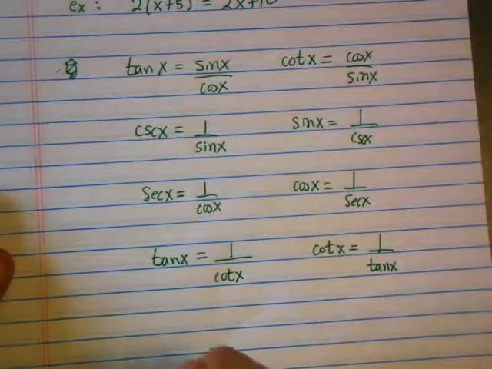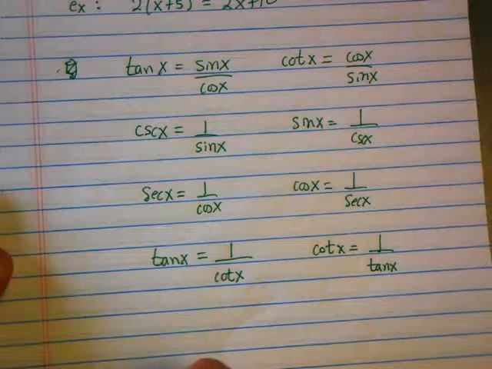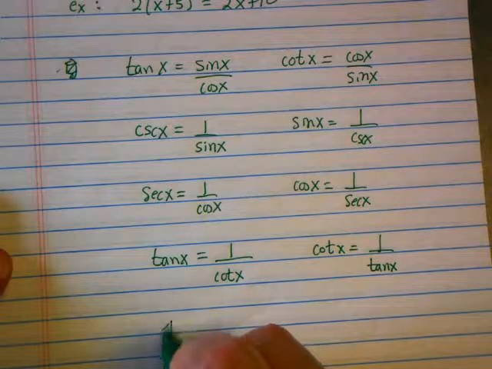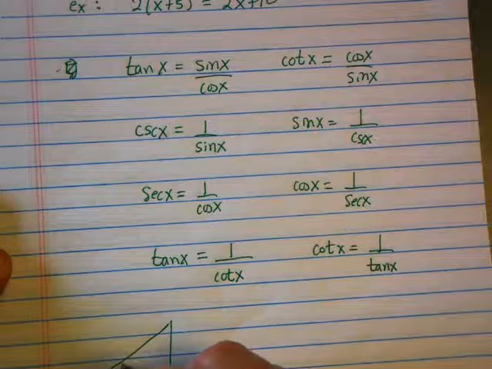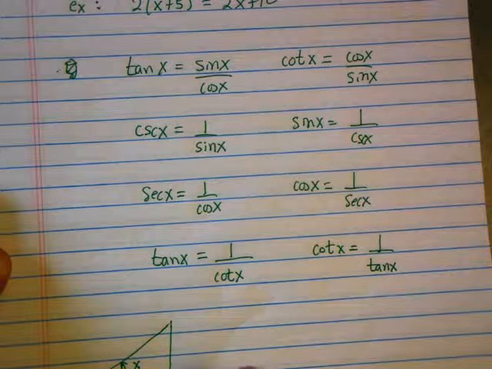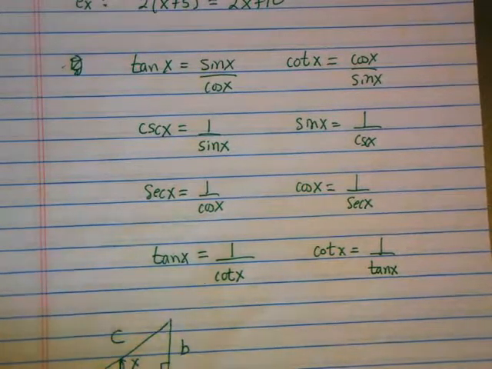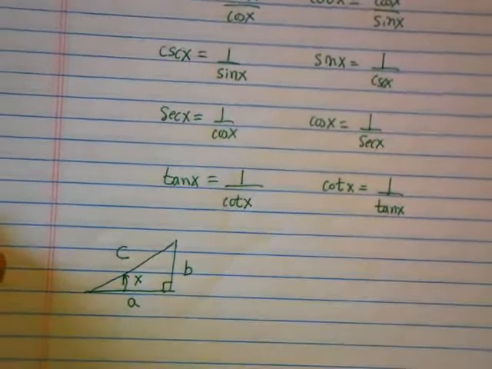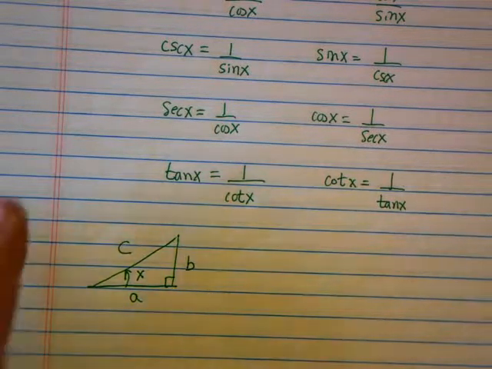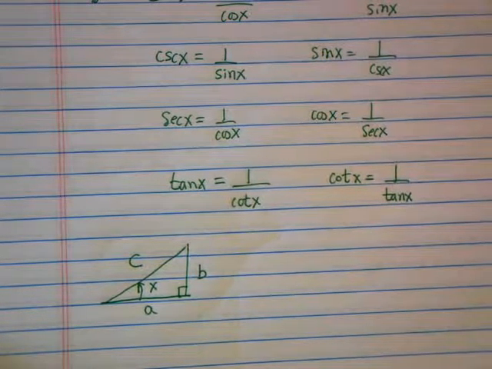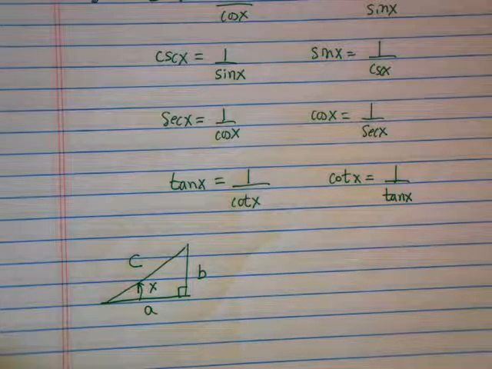All right, so what if I were to draw this triangle right here? This is my angle x, this is a, this is b, and this is c. This is a right triangle. What's the famous formula you know about right triangles?